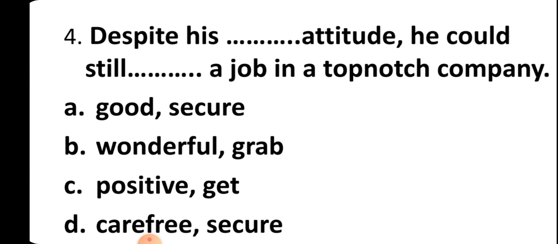So despite his good attitude, he could still secure a job doesn't make any sense, because you're searching for a plus and minus combination. Good is plus and secure is also plus. So you can eliminate this option. Option B, despite his wonderful attitude, wonderful is positive, and he could still grab is also positive.